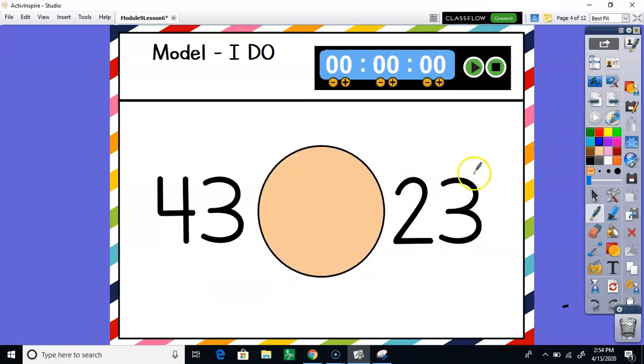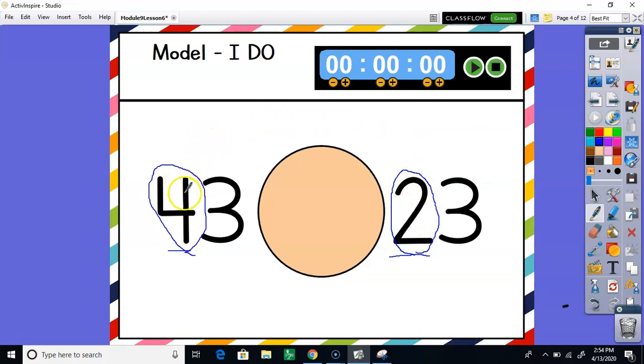So now we have 43 and 23. First step, always look at the bigger place values. So we've got 4 and 2. You can underline them. I like to circle them because it just sticks out more to my brain. I've got a 4 in the tens place over here and a 2 in the tens place over here.